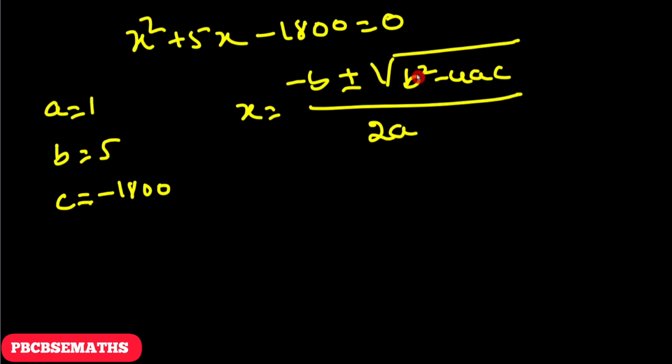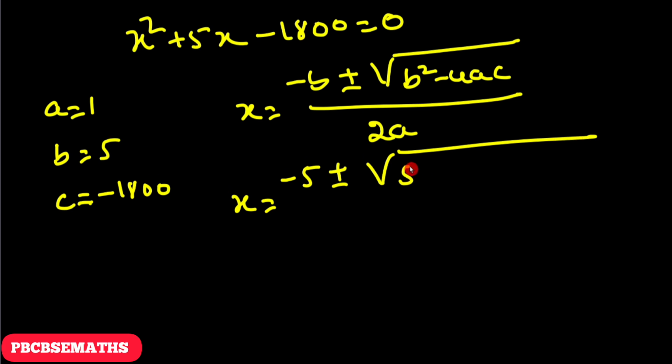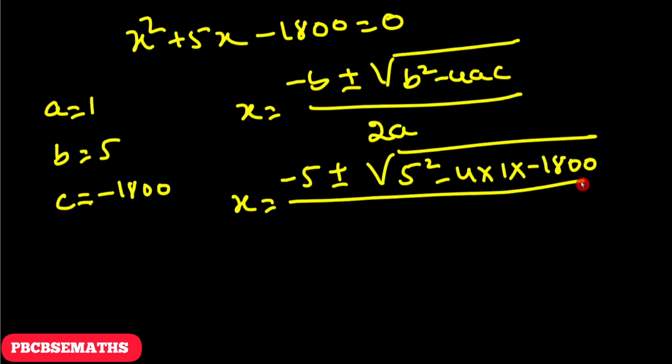This is the quadratic formula. Let's substitute these values in this quadratic formula. Then we have x equals minus 5 plus or minus square root of 5 square minus 4 into 1 into minus 1800, divided by 2 into 1.